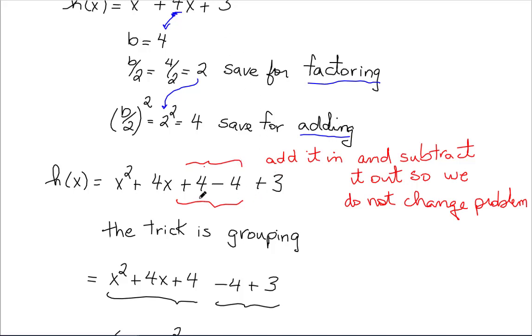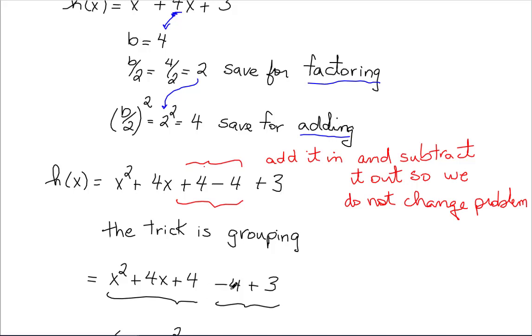Now that seems silly because you say, well, that doesn't change anything. Well, I don't want it to. The trick here is, how do I group it? So I'm going to group together the first 3 and I'm going to group together the last 2.